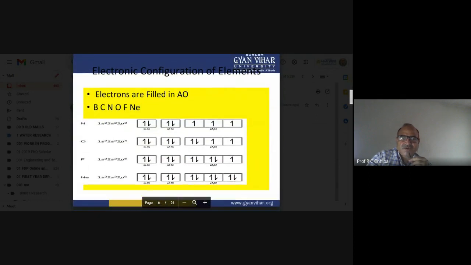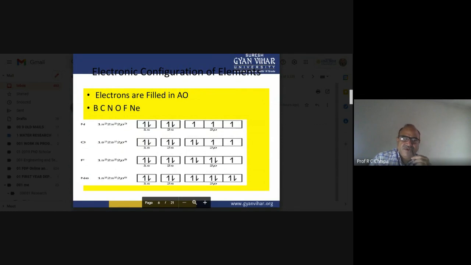Here we have to see the electronic configuration of boron, carbon, nitrogen, oxygen, chlorine, and lastly neon. Boron has atomic number 5, carbon atomic number 6, and nitrogen atomic number 7.